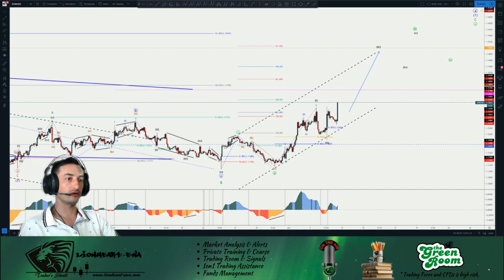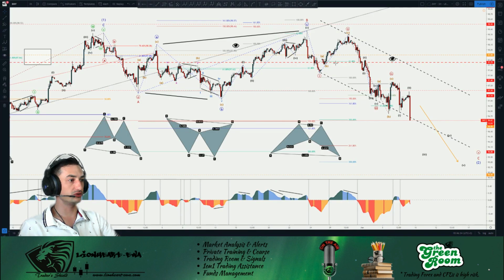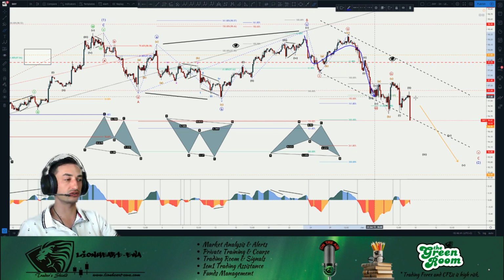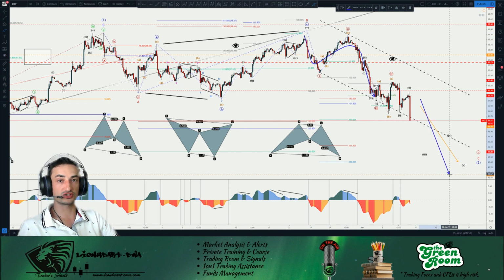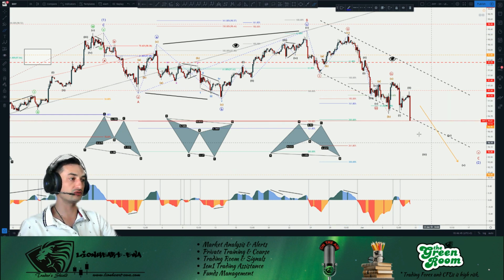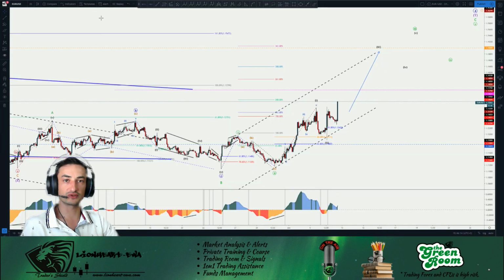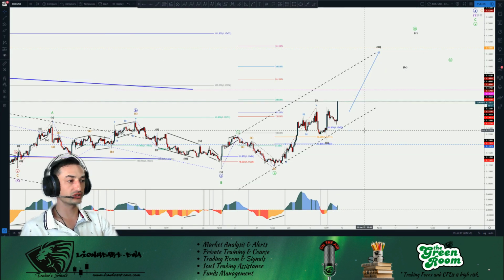The reason I'm saying that is because of this swing and this swing: I don't like the fact that the third wave did not extend, so the fifth wave might be extended, hence the move on the downside could be impressive for the dollar.